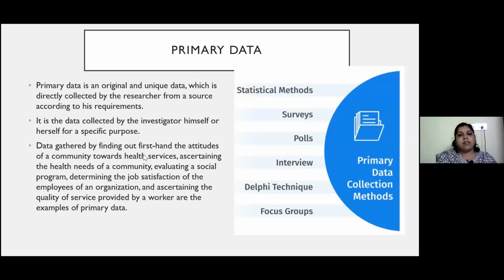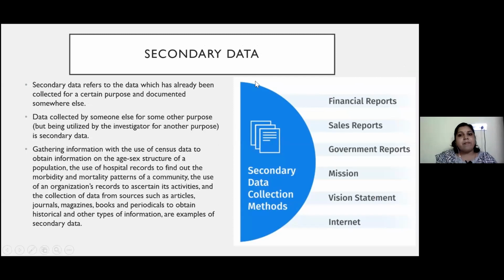The second type of data can be obtained from a particular source, that is from a secondary source, reliable sources. That can be things like financial reports, sales reports, government reports, mission statements, and interviews of other people that you don't do by yourself.